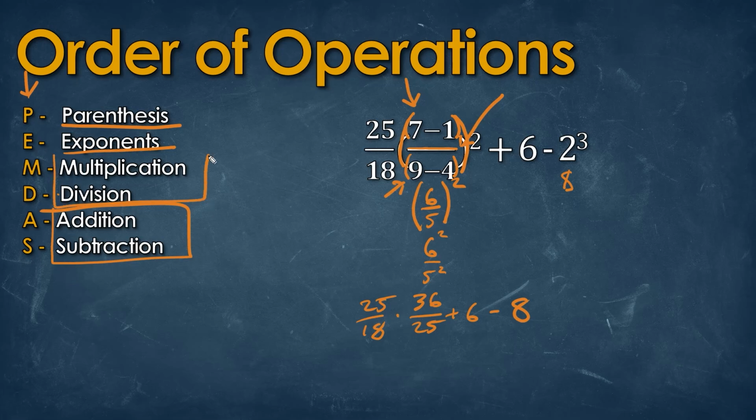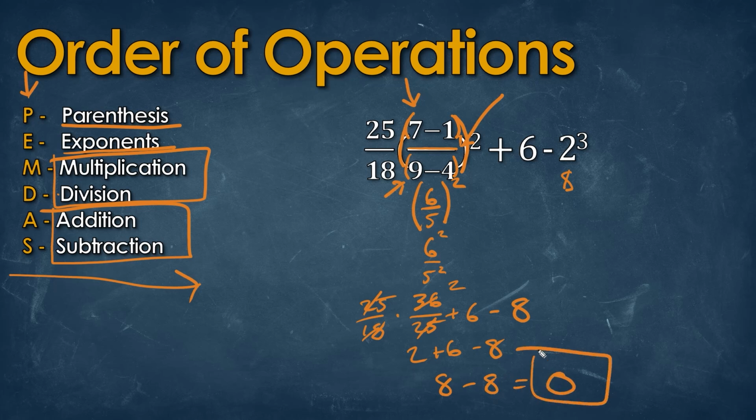Well, the same thing goes for multiplication and division, as long as you're going from left to right. It makes it a little bit easier to do those at the same time because we have some larger numbers here. We can actually cross simplify. 25 over 25 cancels each other out. 36 over 18, that simplifies to 2. So we'd have 2 plus 6 minus 8. Now we're going to do addition and subtraction. We would have 8 minus 8, so our answer would be 0.